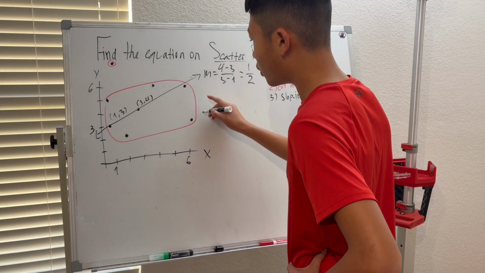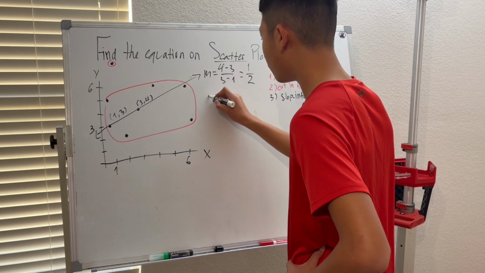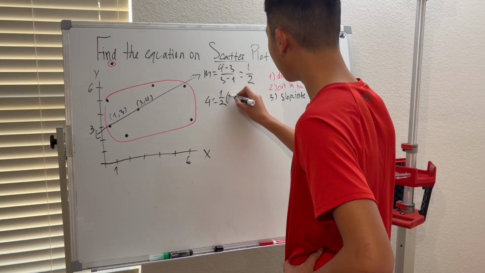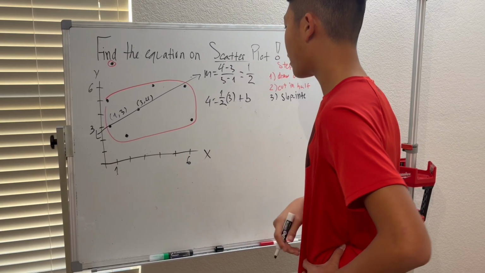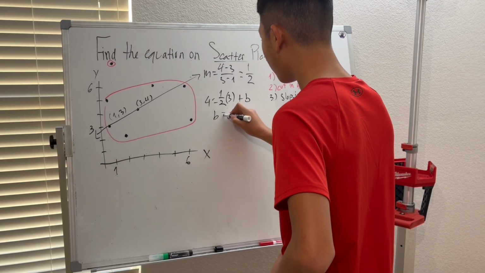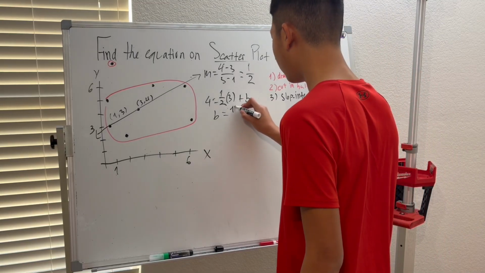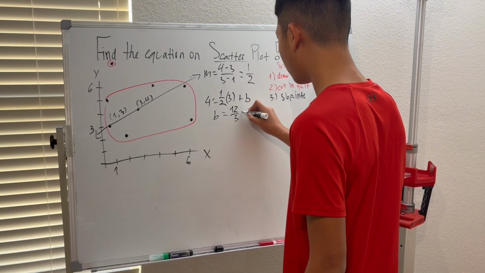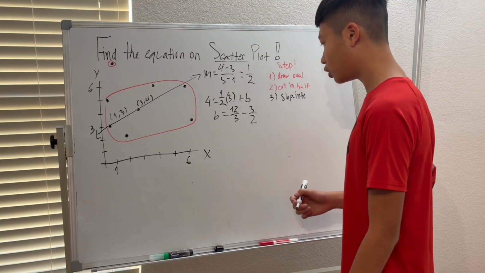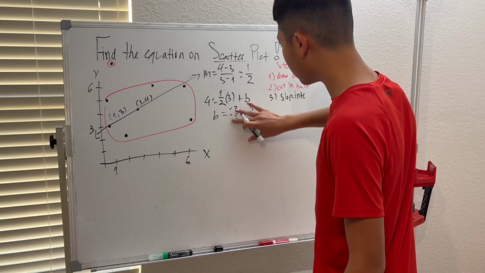So let's pick a point. Let's pick this point right here. So y is equal to 4, slope is 1/2, x is 3, plus b. Let's solve for b. Subtract 3/2 from both sides. B is equal to 4 minus 3/2. Oh, no, I did it wrong.